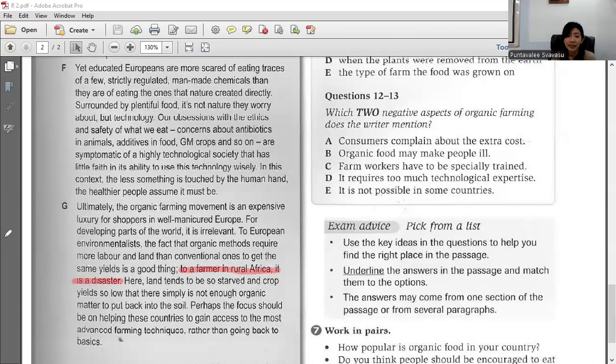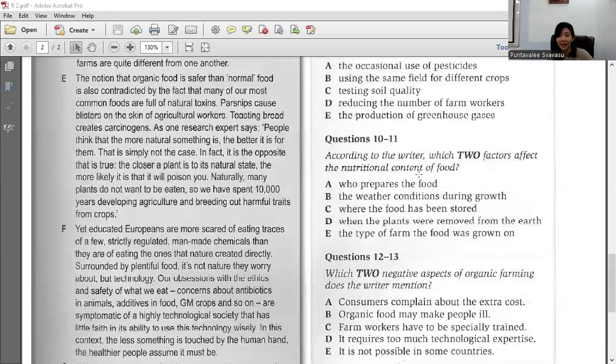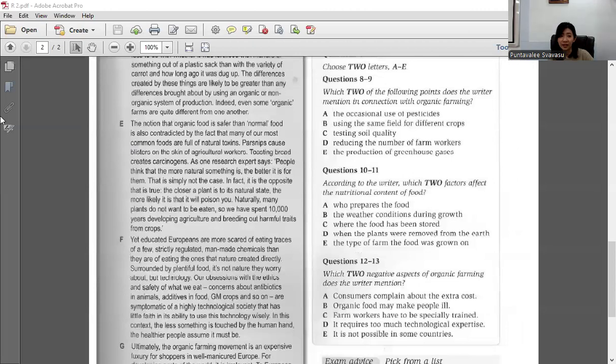So you will see that for this part, you will always have to look for the part of the text that matches the choice, and then read in detail and understand it a lot before you choose it.